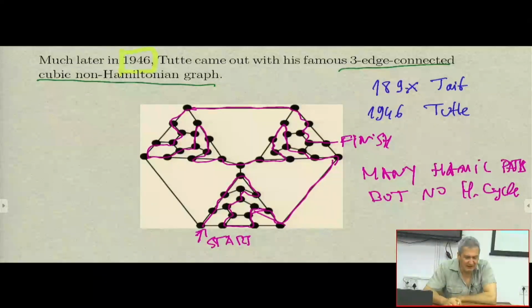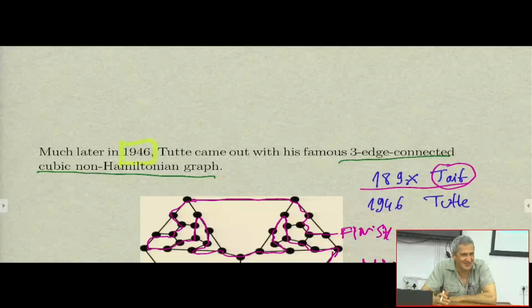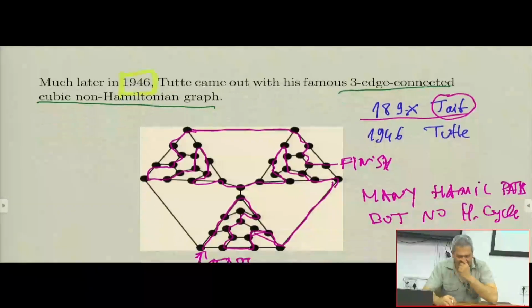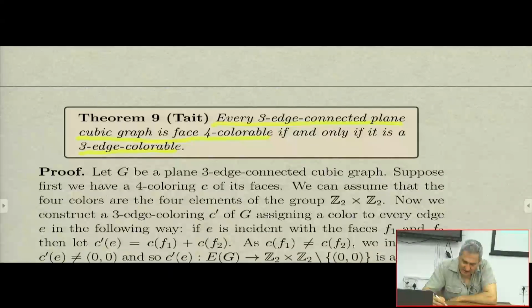So this is this famous Tait graph, and Tait give his theorem this time, and in like 50 years, everybody was thinking it's true, yes. And then it comes that the four color theorem is not solved yet, yes. So I would like to make a proof of this theorem. So I put here at page.